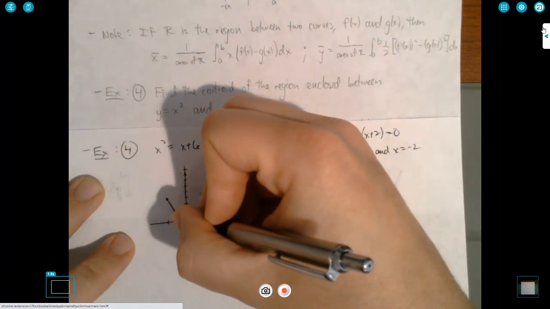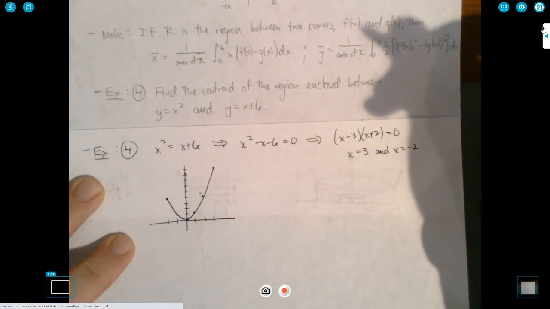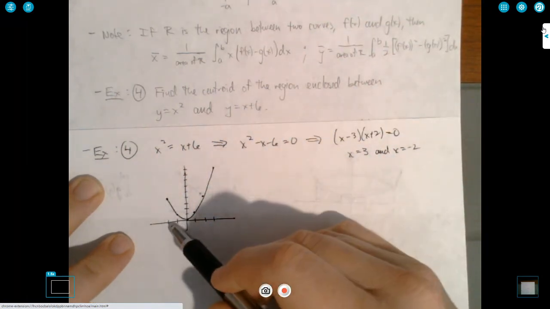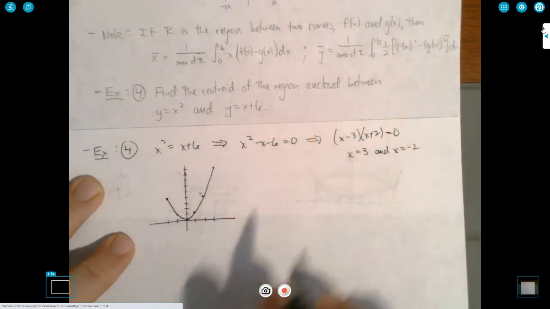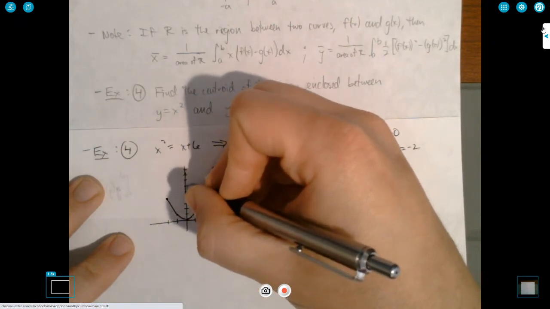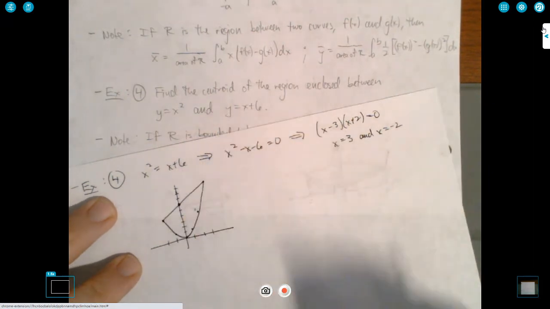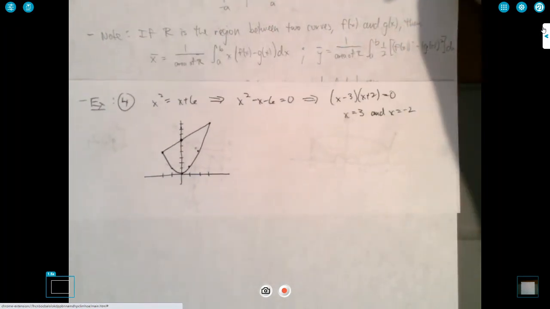So there's the x squared portion. And then the x plus 6 portion obviously goes through those 2 points. We can verify that: -2, 4, sure enough, and 3, 9, sure enough. Its x-intercept is at -6. So it's this straight line. Okay, there's our region. Always good to have a picture, right?